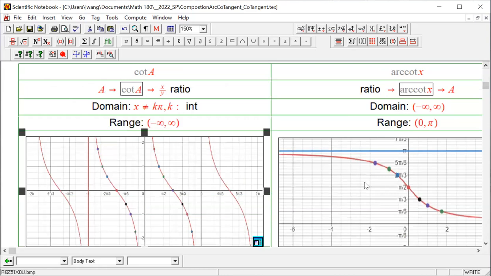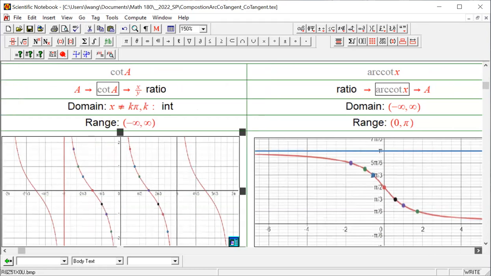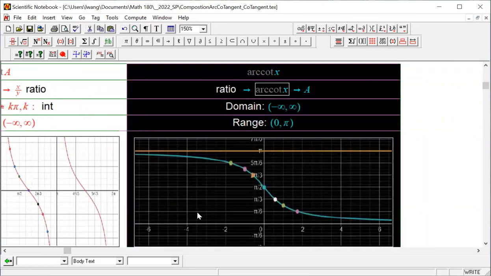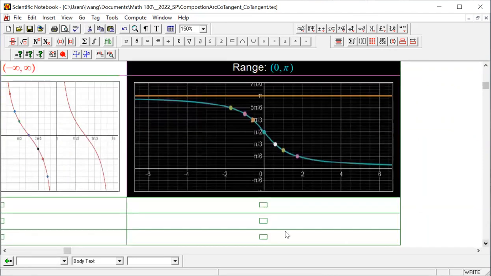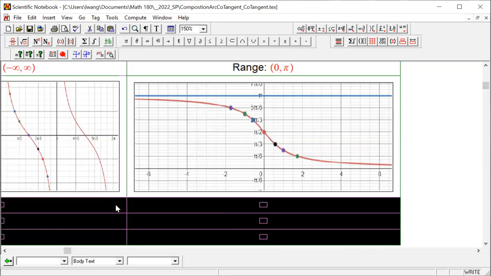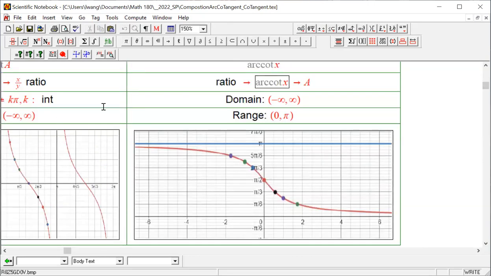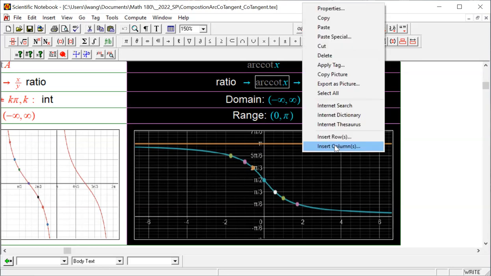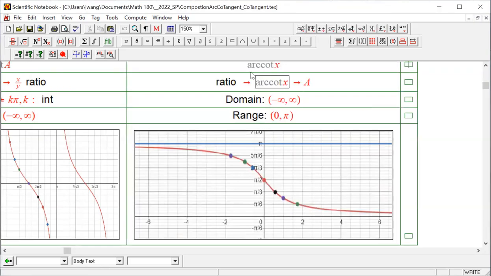And we know that these two functions are not inverse to each other. Arc cotangent does have an inverse itself. We talked about that. So what is the inverse for arc cotangent? Arc cotangent has an inverse.